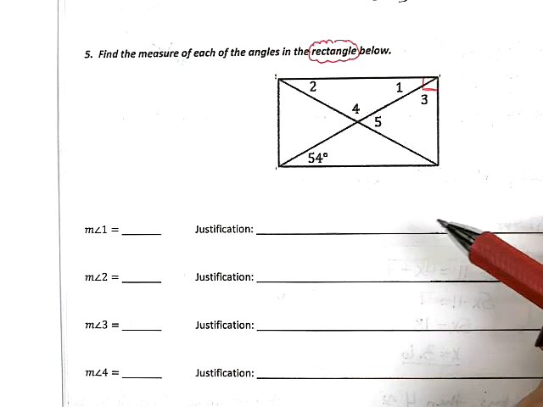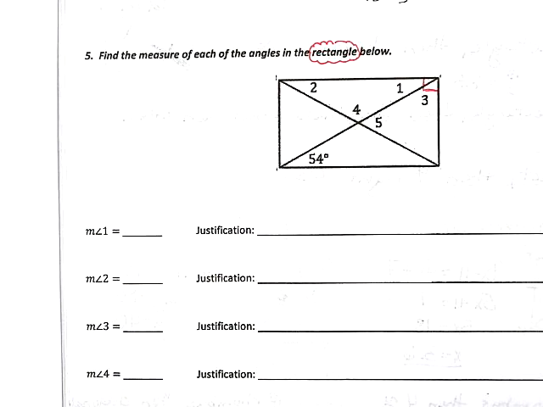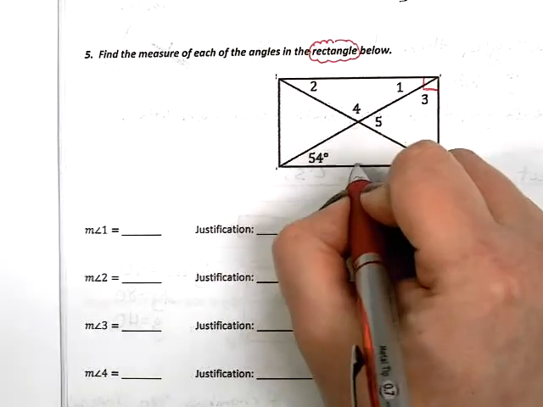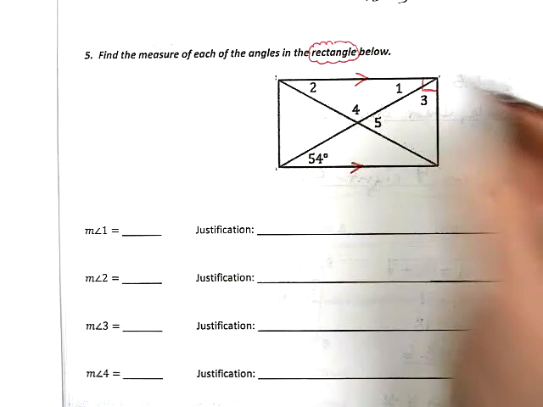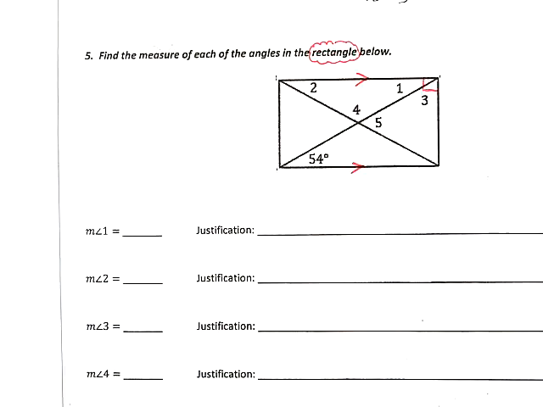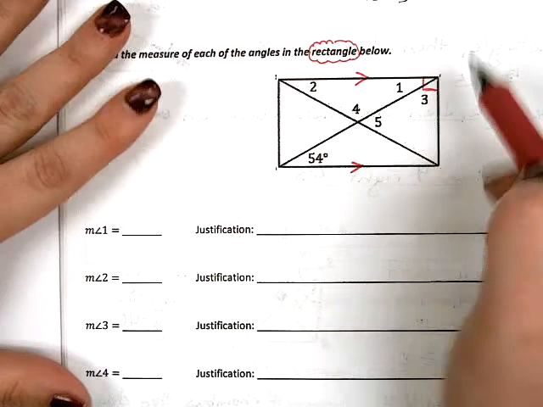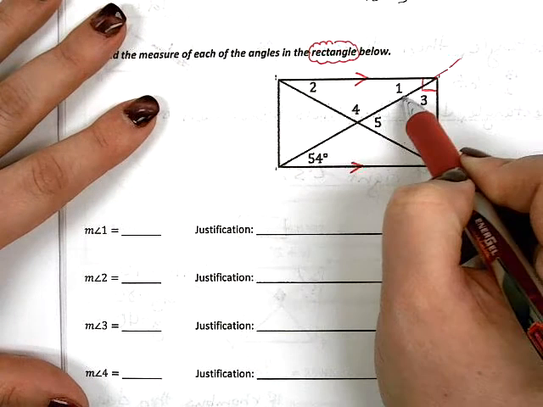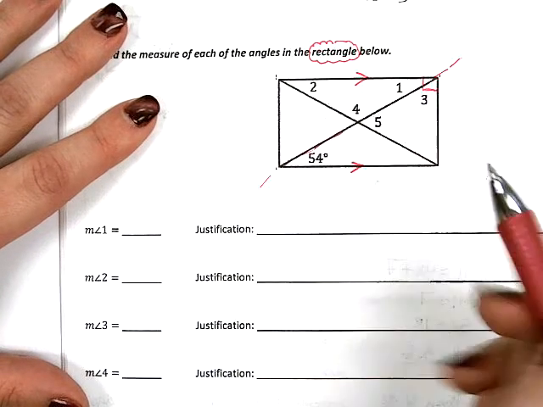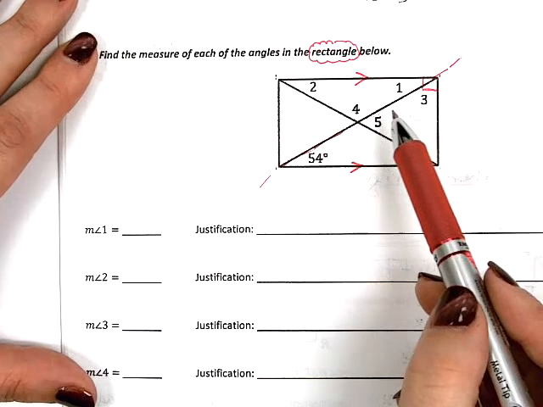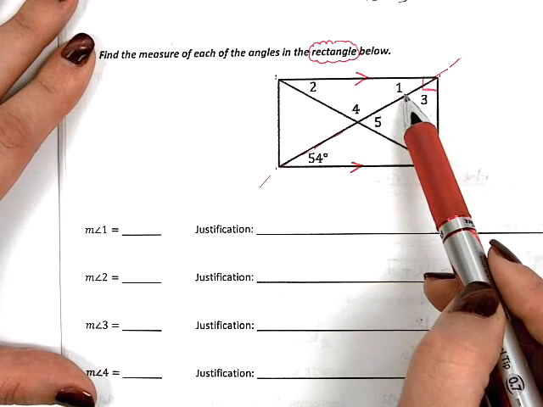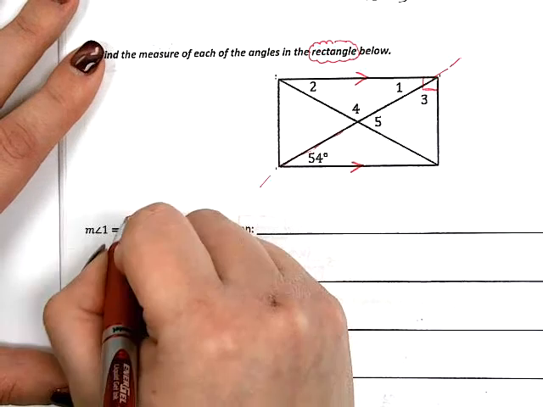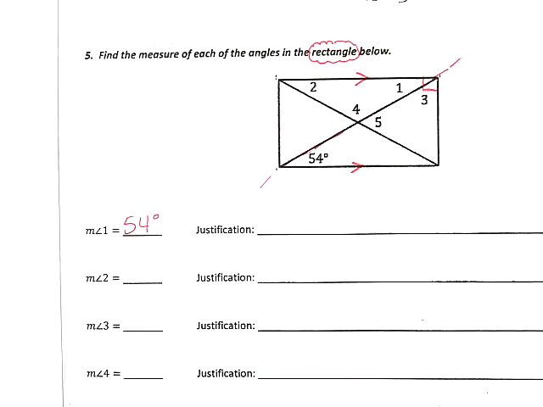And I'm also going to think about the fact that this line is parallel to this one, because it's a rectangle. So if I use this as my transversal here, I can get the measure of angle 1 pretty quickly, right? Because I've got these parallel lines, and then the 54 is right here, and I'm looking at angle 1. Angle 1 is also 54 degrees.